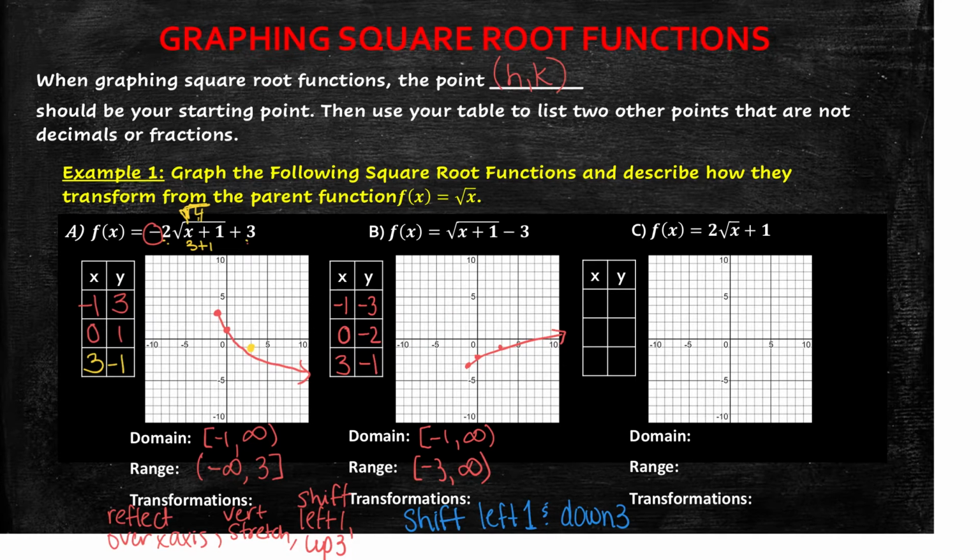Okay, so let's move on to C, and I'm going to go ahead and do this one with you. So the HK, because I have nothing being added on to the end here, the H is 0 and the K is 1. Now, the square root of x, so I'm going to pick the next x value of 1, so that when I plug it in, I'm doing the square root of 1, and the square root of 1 is 1.